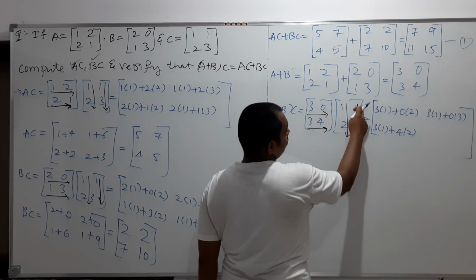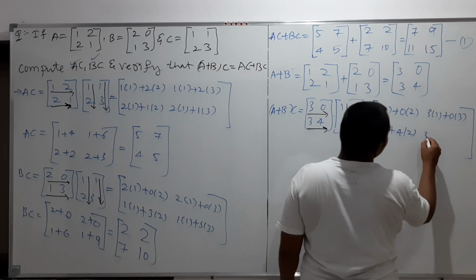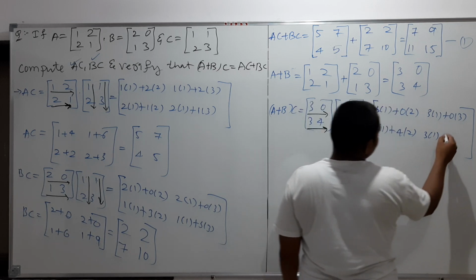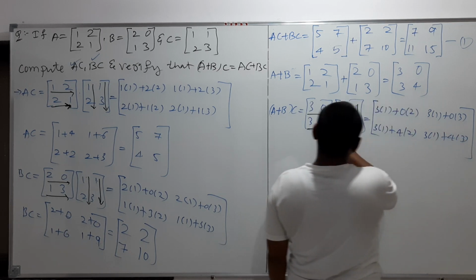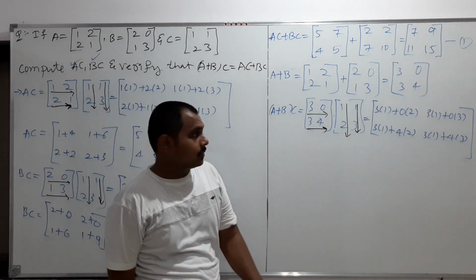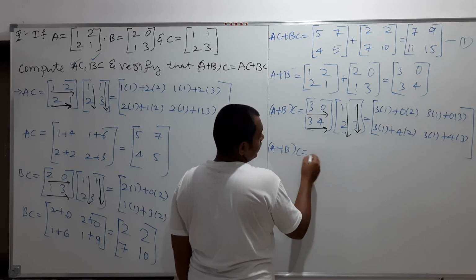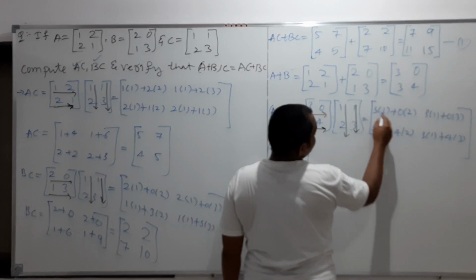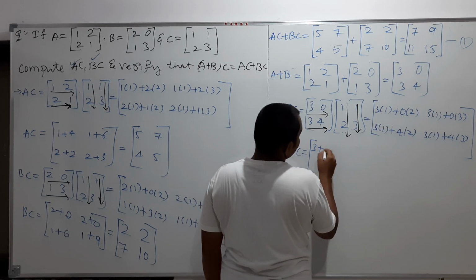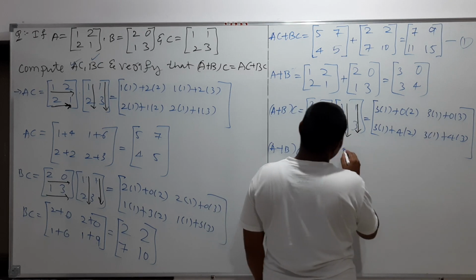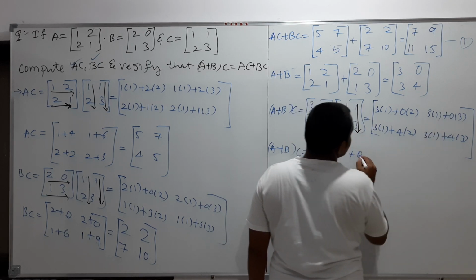Next, second row, second column: 3 into 1 plus 4 into 3. Further simplify this. So here A plus B into C is equal to 3 ones are 3 plus 0. Next, 3 ones are 3 plus 0.